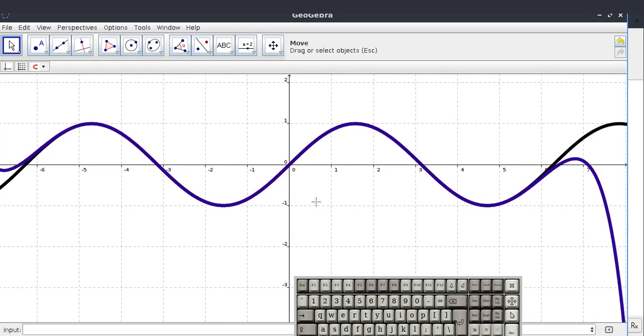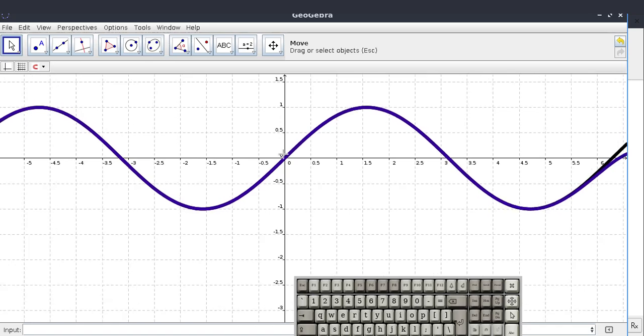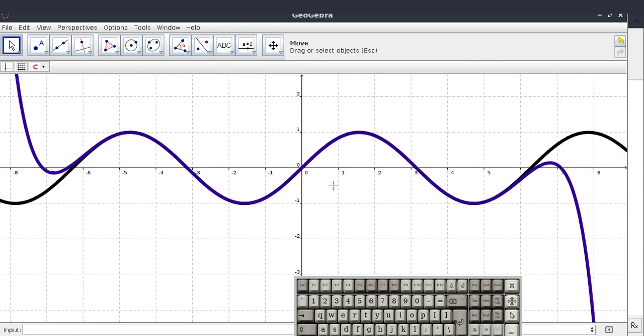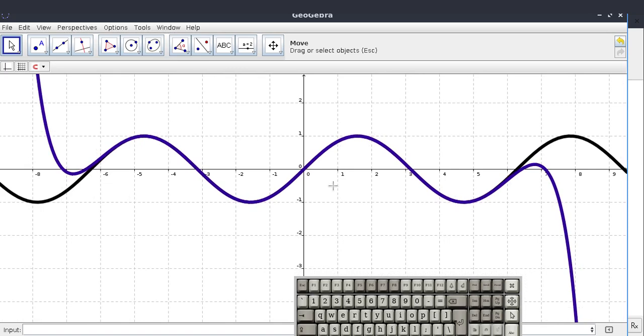So there you have that. That just shows how as you add more and more terms, you get a more accurate value approaching sine x. And the same argument applies to other functions as well.